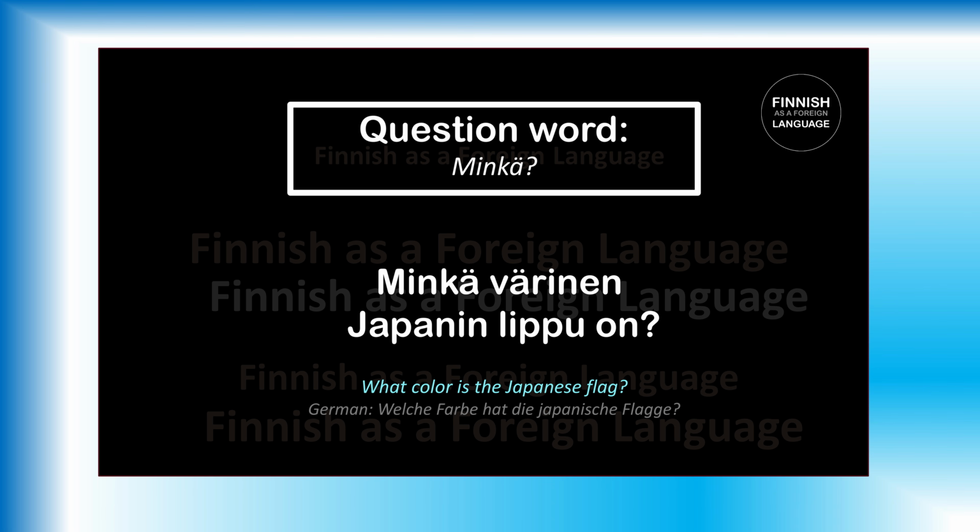So together, minkä värinen literally means of what color. Japanin here is the genitive singular form of Japani, which means Japan, and lippu means flag, and on means is. Let's repeat again. Minkä värinen Japanin lippu on? What color is the Japanese flag?